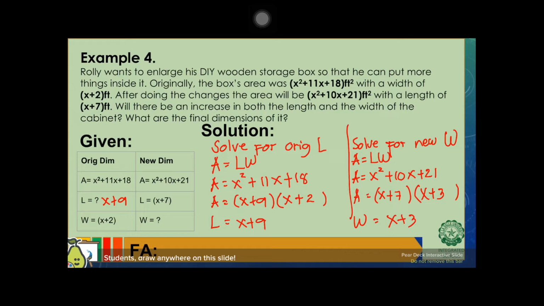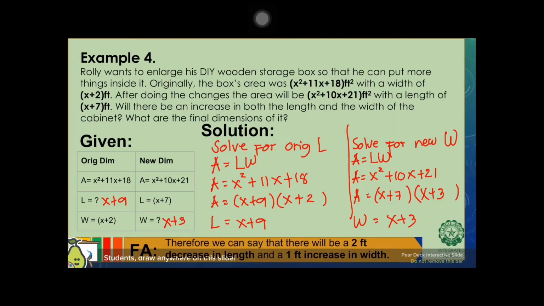If you put your values in the table, you can easily say that for our final answer, if you compare the length, there will be a 2 feet decrease in length.